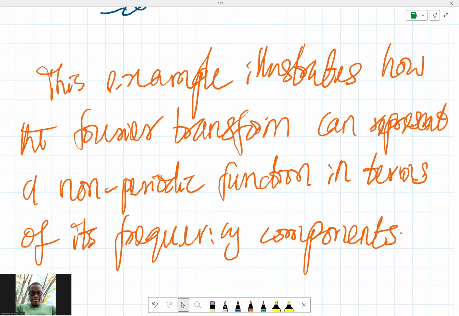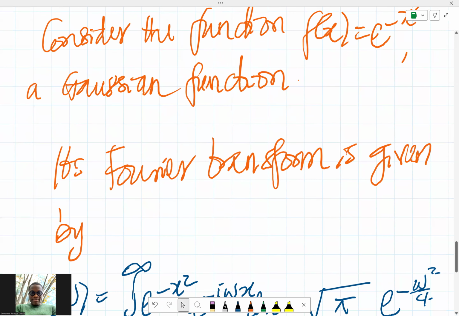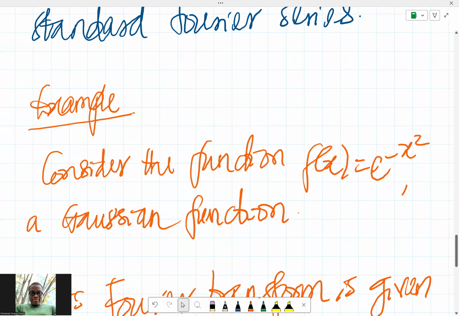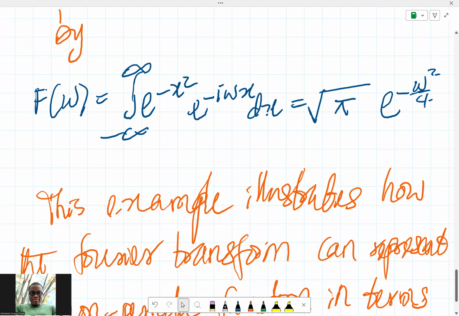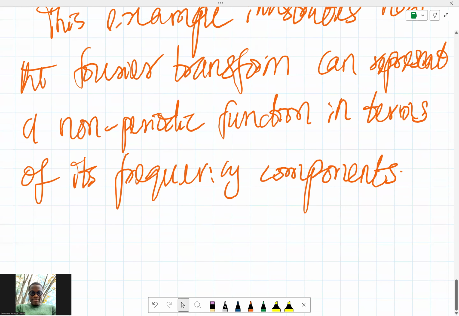You see that the function we are dealing with, f of x equals e raised to the power minus x squared, is non-periodic, but we can use the Fourier transform to get it into its frequency components, which is what Fourier series is meant to do originally. So that's it for this video on generalized Fourier series.